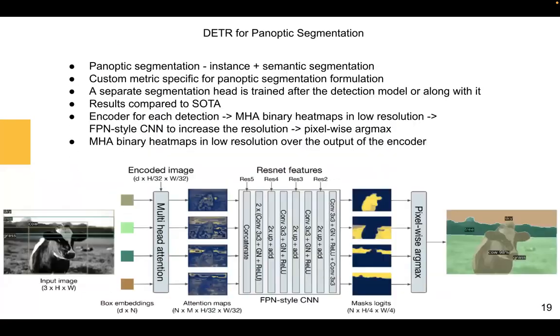What is also interesting is that we can implement panoptic segmentation. For example, we have an image with height and width resolution, but our final segmentation picture will have a slightly lower resolution, like height divided by 4 and width divided by 4. And it's also possible to implement it with transformers.